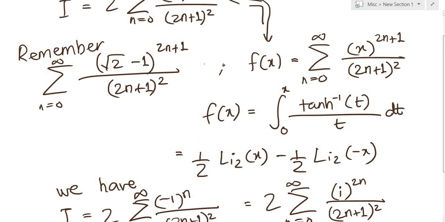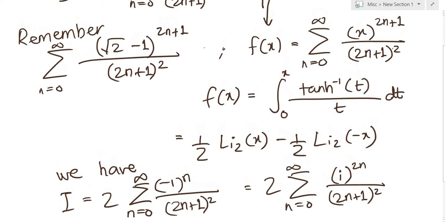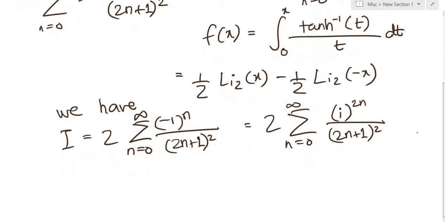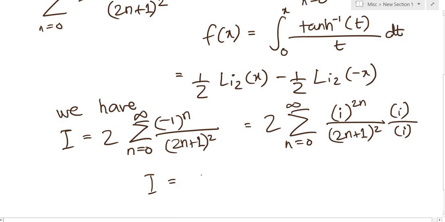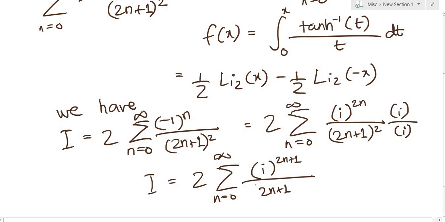Now if we want to convert everything in terms of f of x, we need a 2n plus 1 power on top, and we just have a 2n, right? So why don't we multiply and divide by i? Then our original capital I will be 2 times the sum from n equals 0 to infinity of i raised to 2n plus 1, because of the i in the numerator, divided by 2n plus 1 squared, and the denominator i can be pulled outside because it's a constant, so 2 over i.